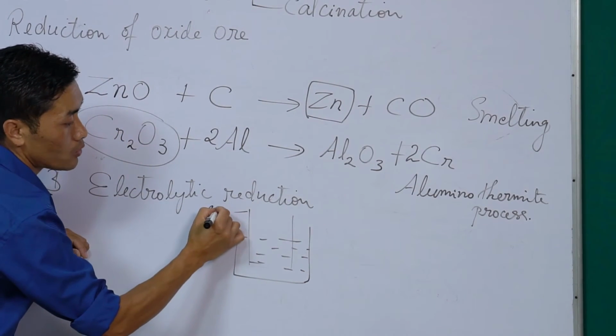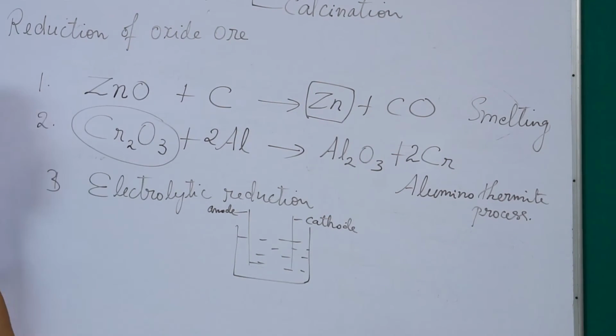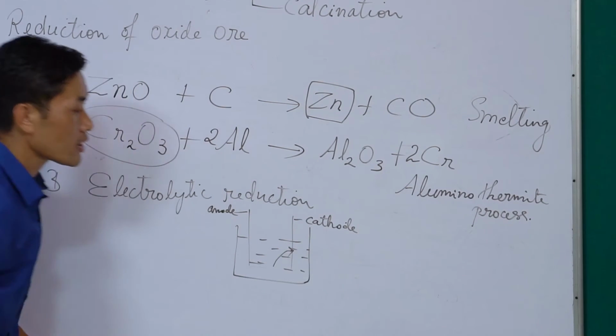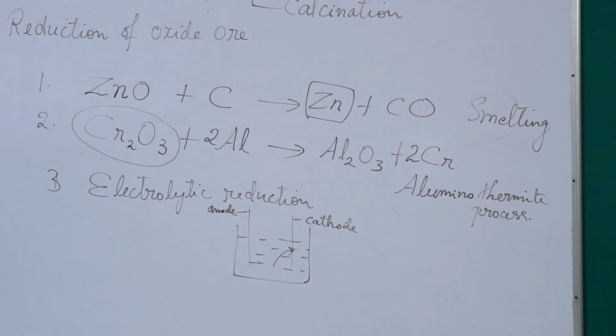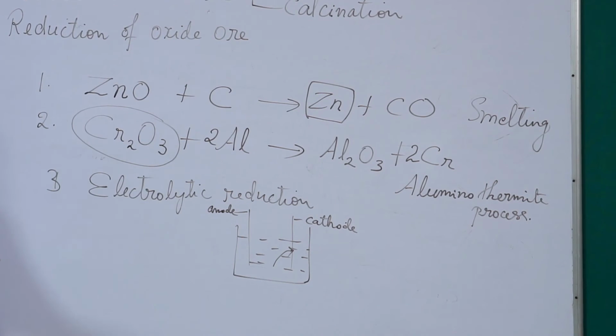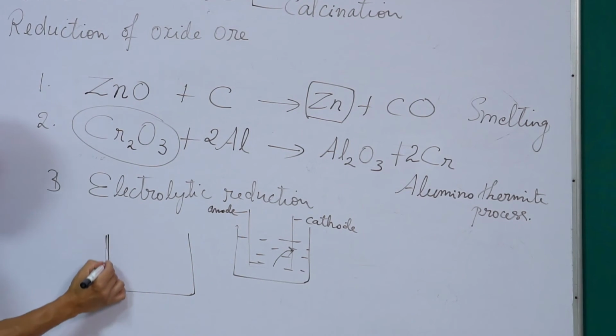Now, if this is the anode, and this forms the cathode, the metal gets deposited at the cathode during electrolysis. For example, oxide of aluminum is reduced by this electrolytic reduction method. That means to obtain aluminum from its oxide, we use this method. Aluminum oxide is electrolyzed in an iron tank lined with carbon.